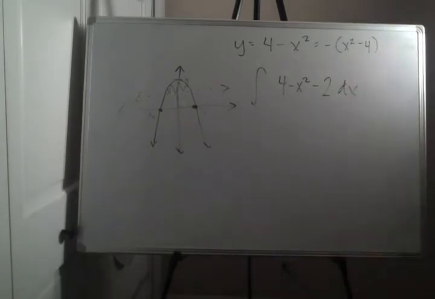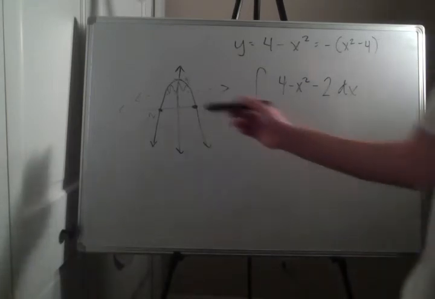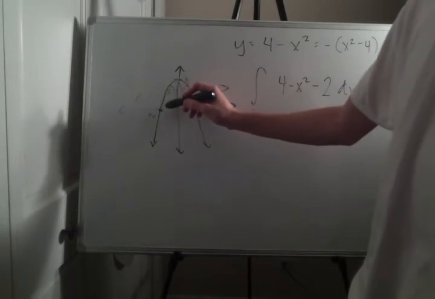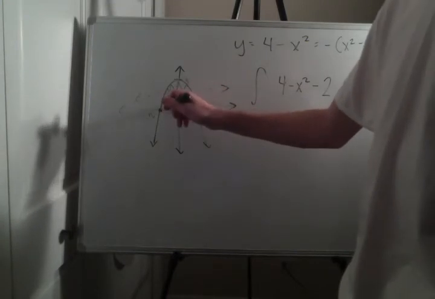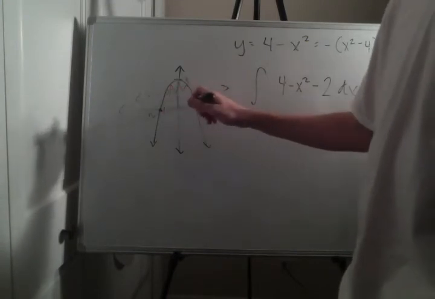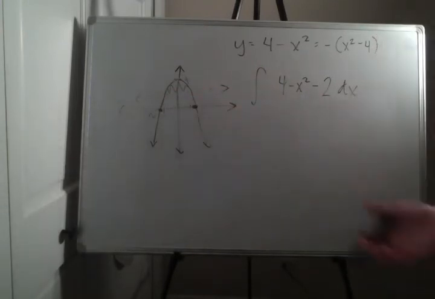Alright, there's one more thing that's going to have to change for you to be able to do this, and that would be the bounds. It is no longer going to be negative 2 to 2, because if you drew these down, you would notice that this isn't at negative 2. It's at a different point. How would you find out what that point is? That's where the algebra would come in.